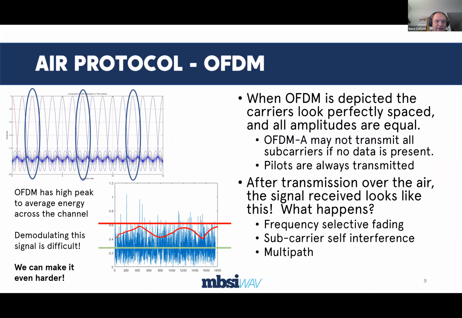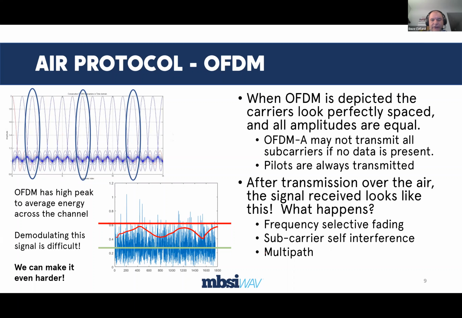So in this particular case, if I have one carrier that has a huge amplitude and one carrier that has less amplitude, it could be that the third and fifth harmonic of these carriers actually affects the adjacent carrier beside it. That's called subcarrier self-interference or subcarrier interference, and it's a contributor.